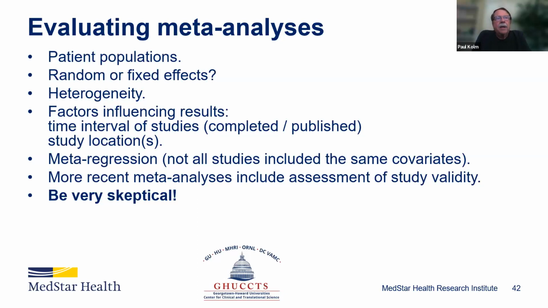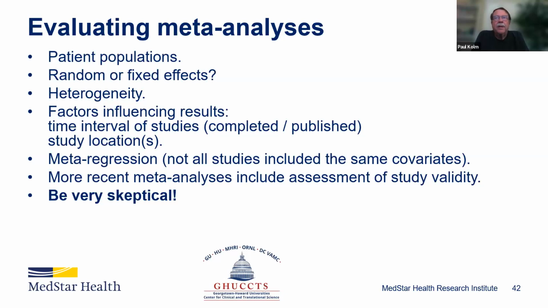In the past, there hasn't been much assessment of the validity of the individual studies, but in more recent times, this has been included in meta-analyses. In fact, it might be a requirement of some journals. But anyway, study validity can be assessed in different ways.